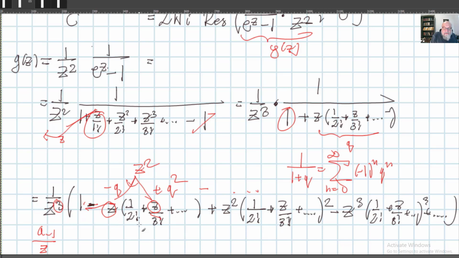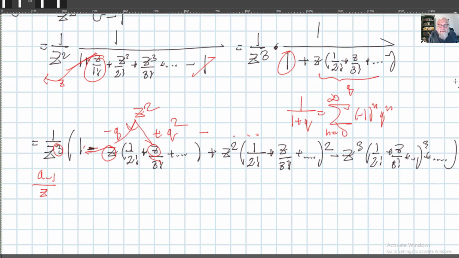So I'm getting here minus, and that one will be minus 1 divided by 3 factorial. So put it like this. a minus 1 is equal, and the first one gives me minus 1 over 3 factorial, which is here. And then I say, oh, I have another one, z squared.